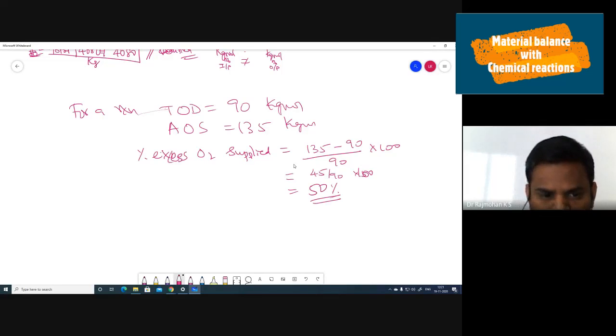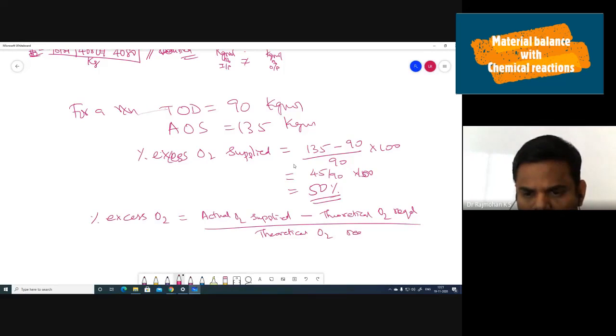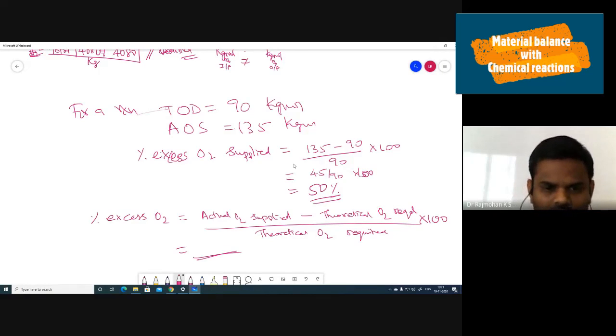So percentage excess oxygen can be determined by actual oxygen supplied minus theoretical oxygen required, divided by theoretical oxygen required, into 100. So that can be determined.